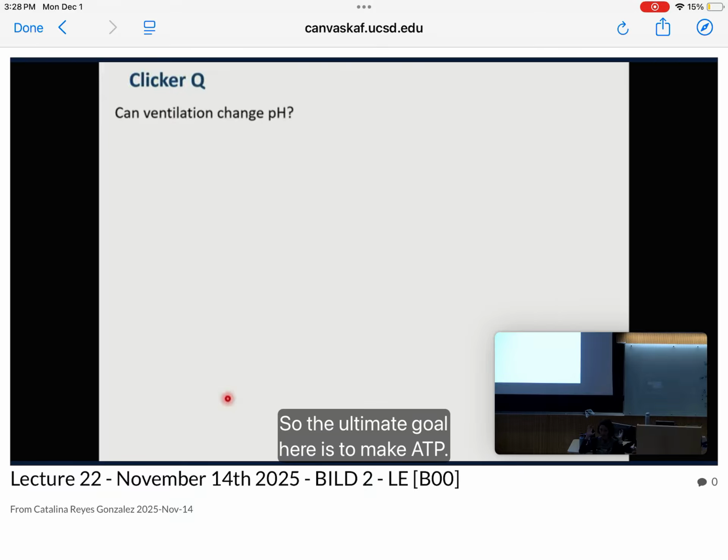So the ultimate goal here is to make ATP. Sure, you can make ATP without oxygen, anaerobic metabolism, but that doesn't last very long. You become acidotic, you cannot sustain metabolism for a long period of time using anaerobic metabolism only. You need that oxygen. You need to be able to do aerobic metabolism.